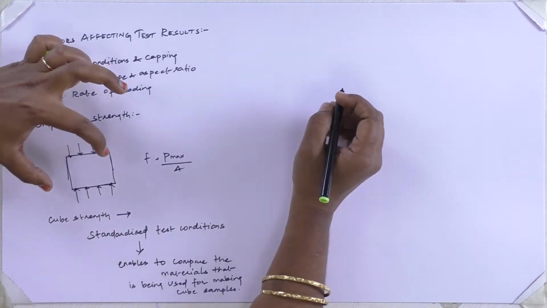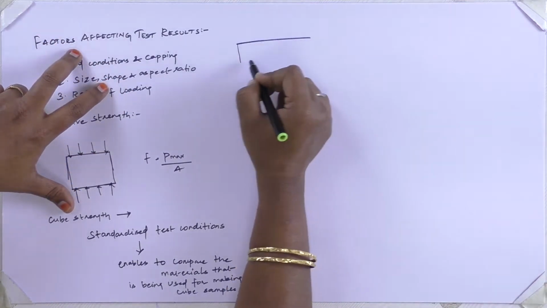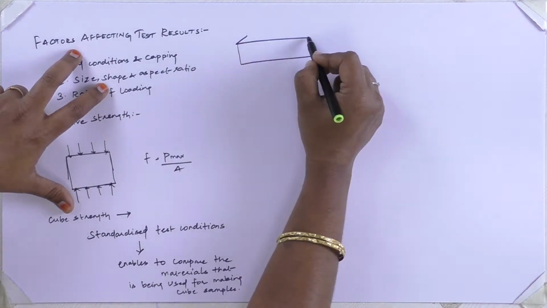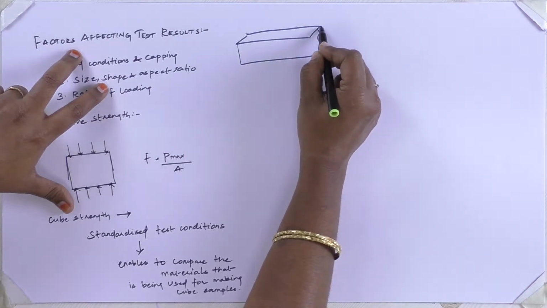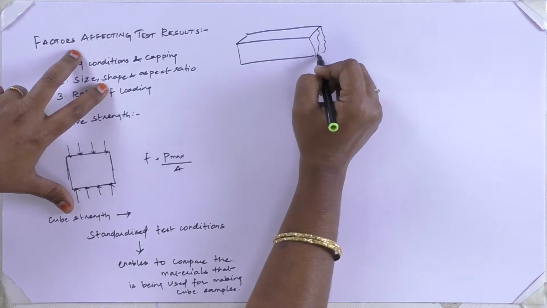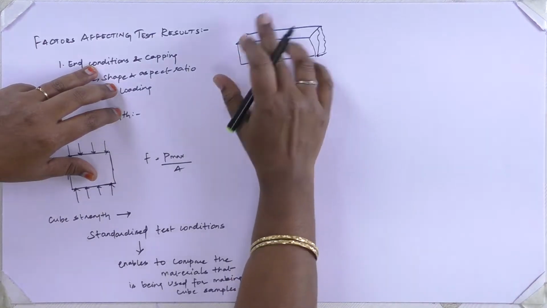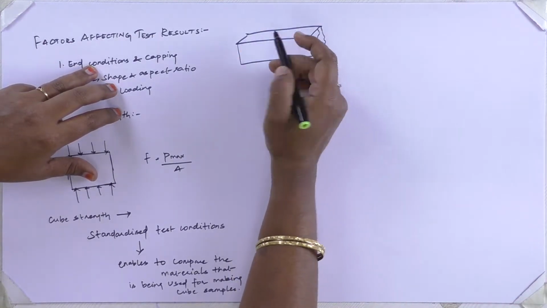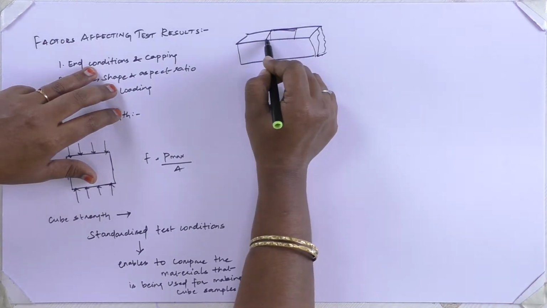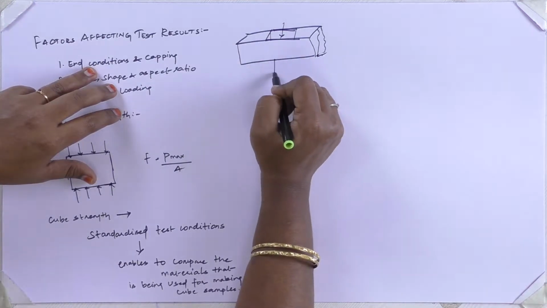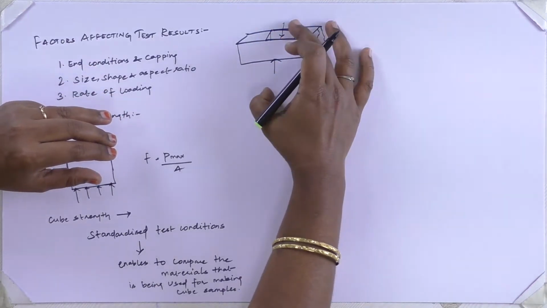Likewise, not only can we test a cube, we can also test a portion of a beam. Assume this as a beam. This is a portion that is left over after doing a flexural test. Again here I am applying load, and I am applying load, and based on this I will be getting the strength.